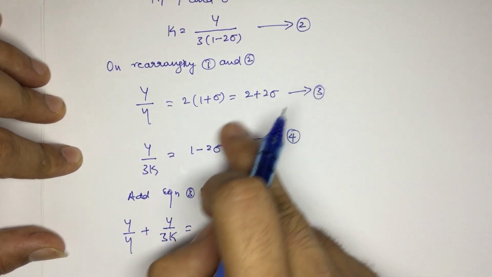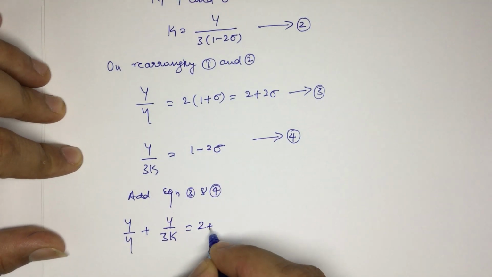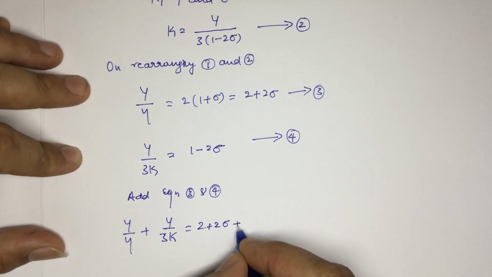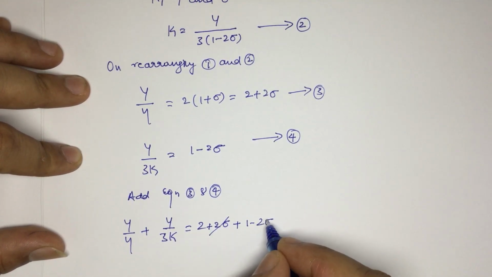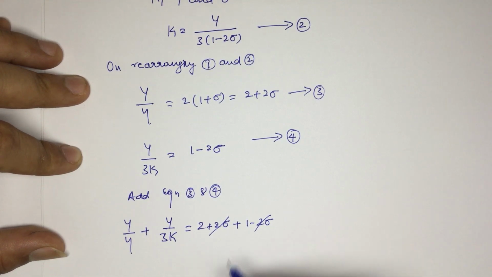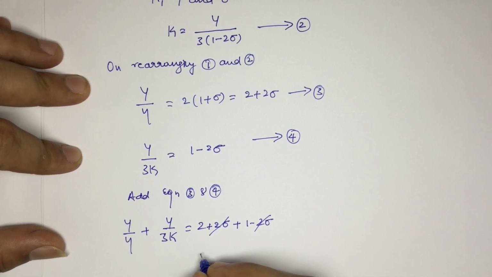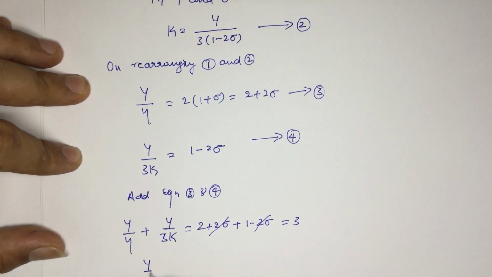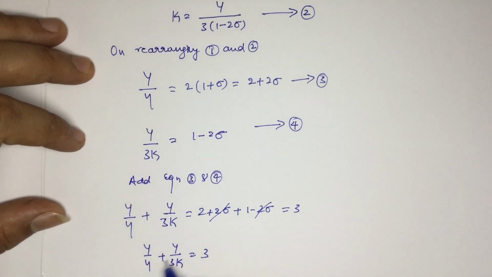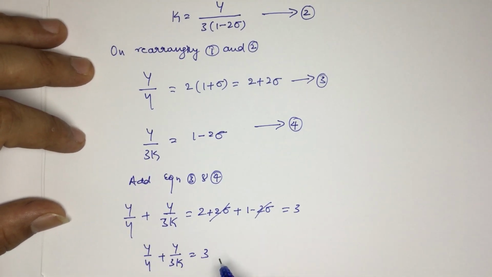Now I'll add RHS: 2 plus 2 sigma plus 1 minus 2 sigma. Similar terms here, 2 sigma, that becomes equal to 0, which is having an opposite sign. Then we are left in the RHS with only 3. Y divided by eta plus y divided by 3k is equal to 3.